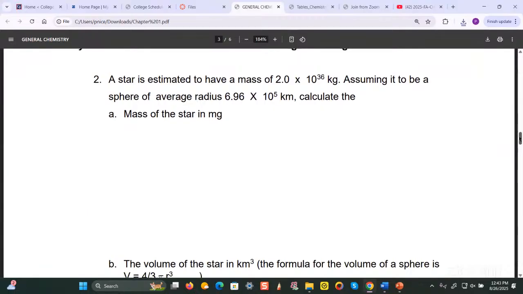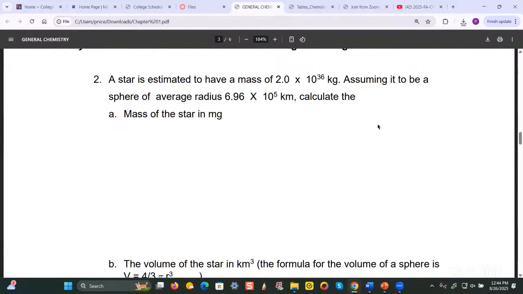Assuming it to be a sphere of average radius 6.96 times 10 to the 5 kilometers, calculate the mass of the star in milligrams, the A part. That would be a huge number, I can already tell.